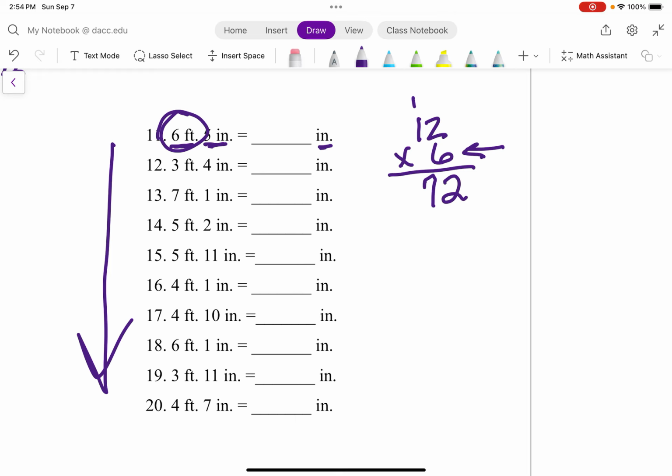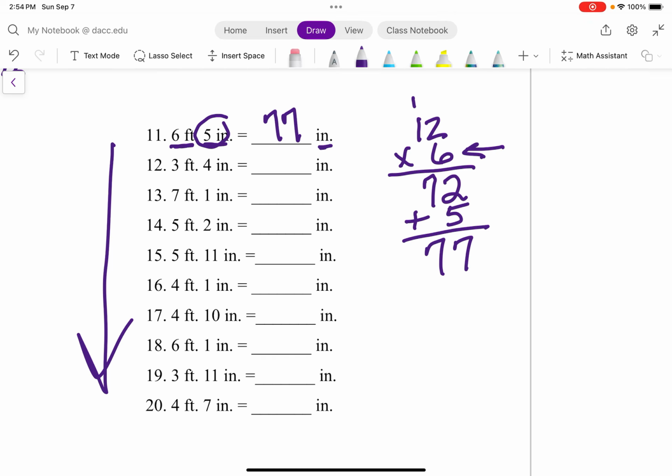So we know that that is 72 inches, but that's just the 6 feet. What else do we need to look at? We need to know that there's 5 inches. So now we have to add the 5 inches, and 2 plus 5 is 7. So that's 77. So we have that there.